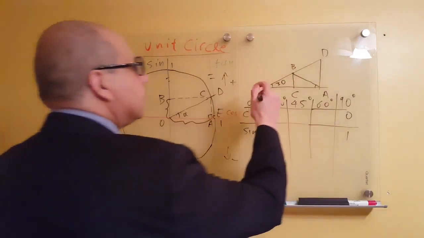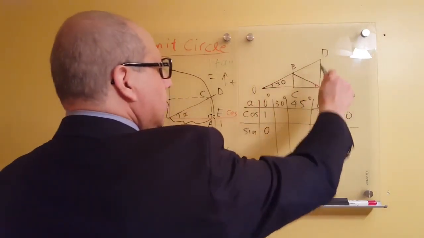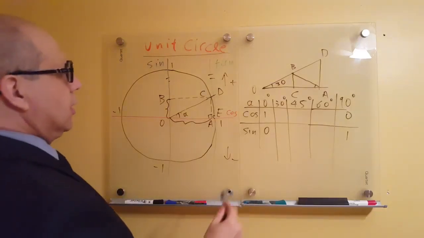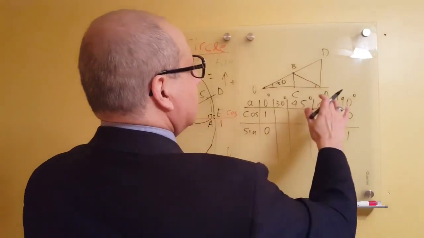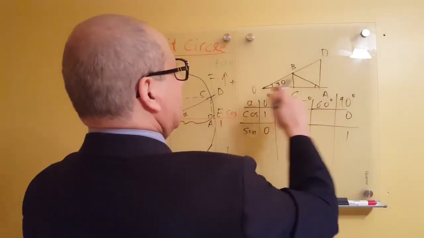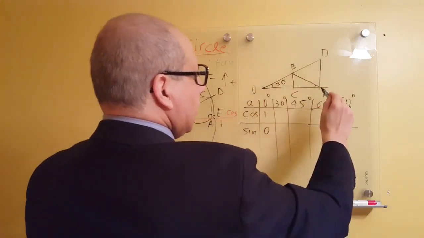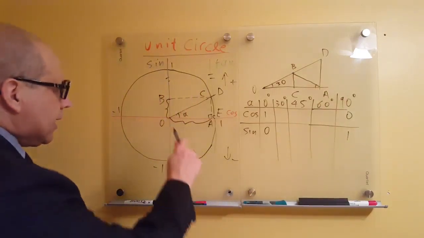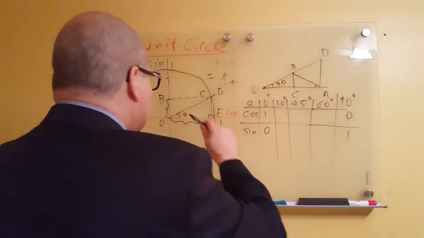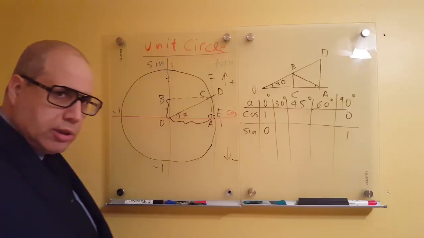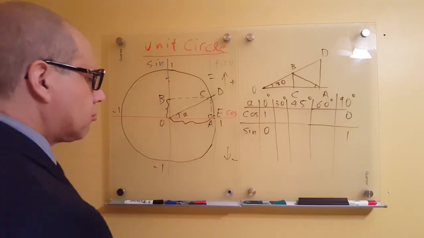As you see here, I have the triangle ODA, which is exactly this triangle here. Let's say this angle here is 30 degrees, because I want to find the cos and sine of 30 degrees.